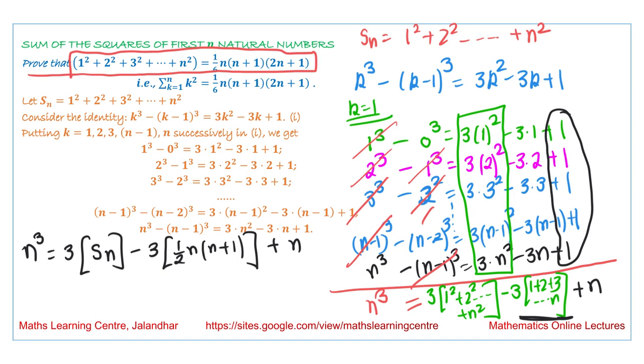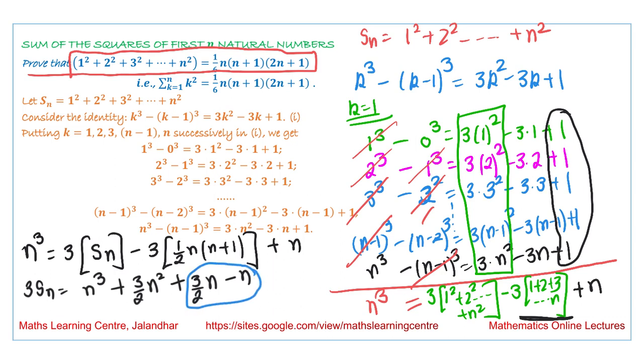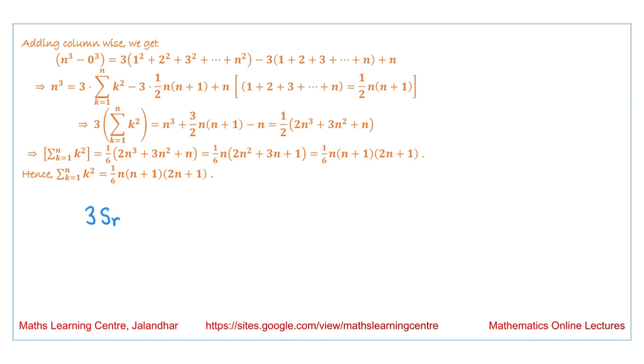Now we want to calculate the value of Sn, so we write 3Sn equal to n cube plus 3 by 2 n square plus 3 by 2 n minus n. If you look at these two values, 3 by 2 n minus n comes out to be 1 by 2 n. So Sn is equal to n cube plus 3 by 2 n square plus 1 by 2 n.